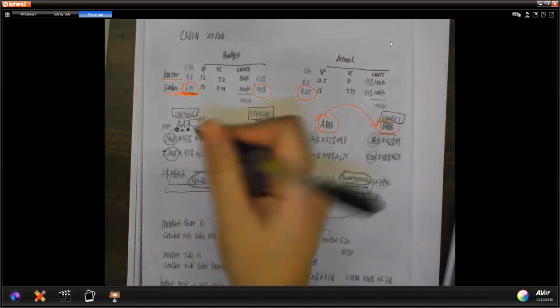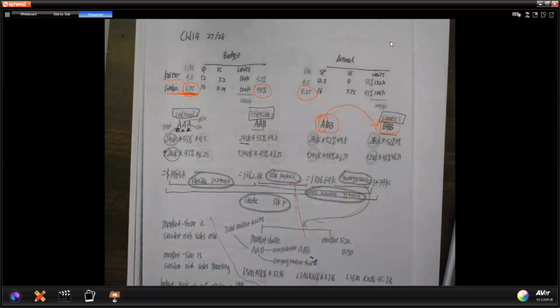Some students told me, Professor, I have a hard time with the market variance. I understand that. For the market share and the market size, remember when we do our company level, we have this AAA, BB, or whatever. The first number is your company's total units sold.